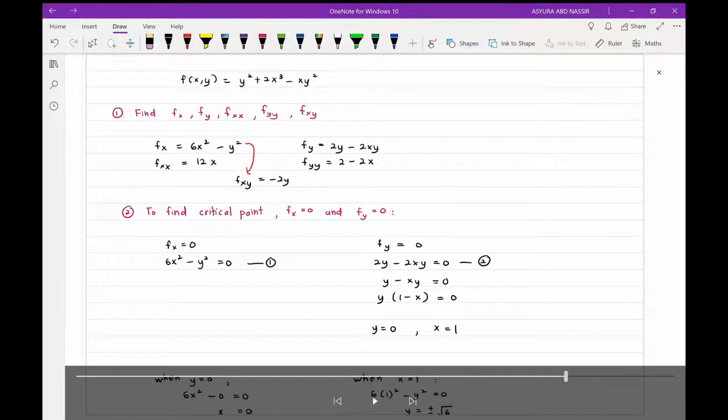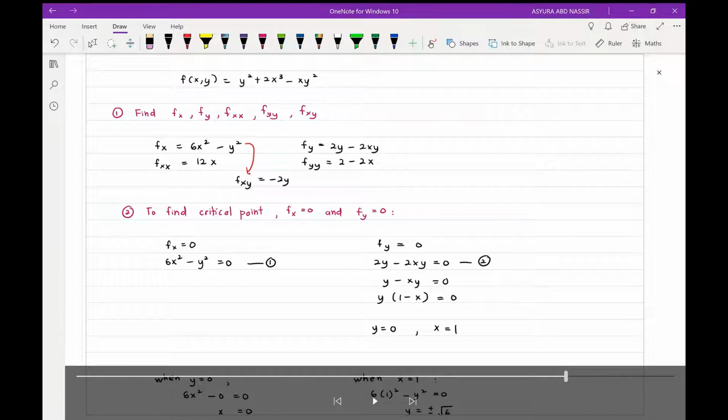For the first equation, you don't have to simplify because you cannot simplify into a single variable, meaning you cannot simplify into y equals to something or x equals to something. So x and y cannot be the subject.